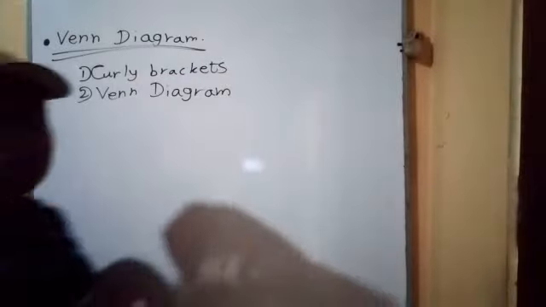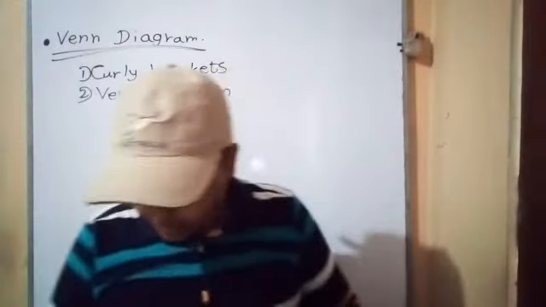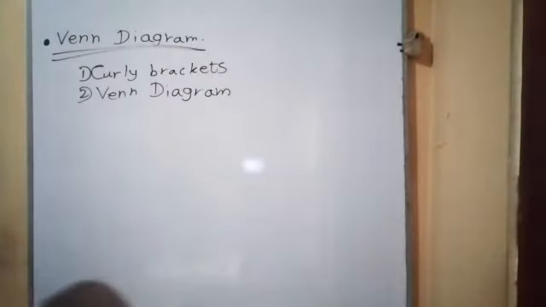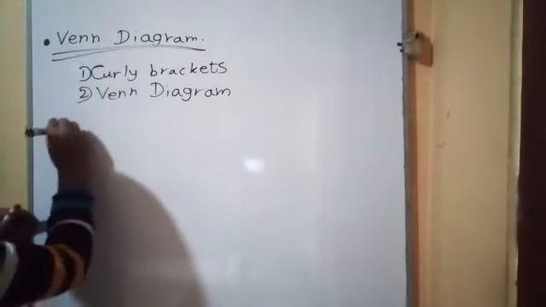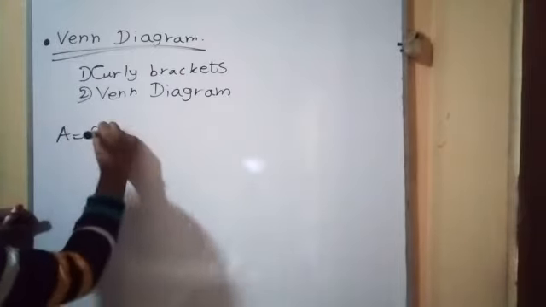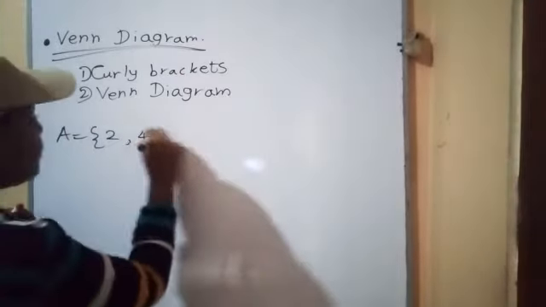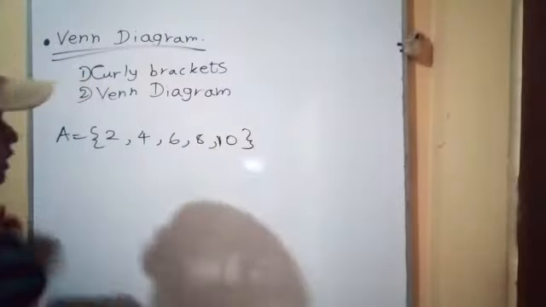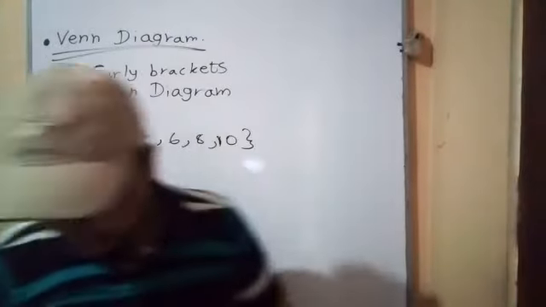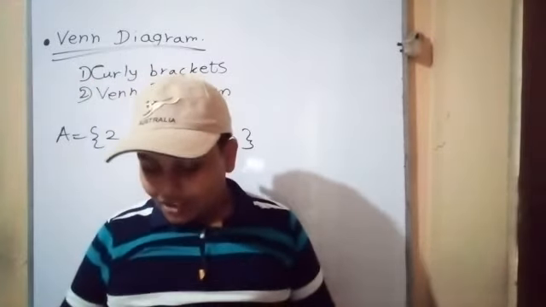Now let us write the elements of set A, even numbers from 1 to 10. From 1 to 10 you get 2, 4, 6, 8, 10. Now let us represent this set by a closed figure as shown.